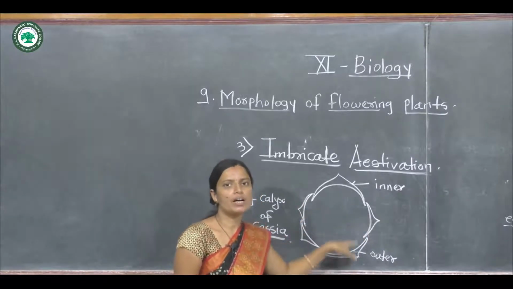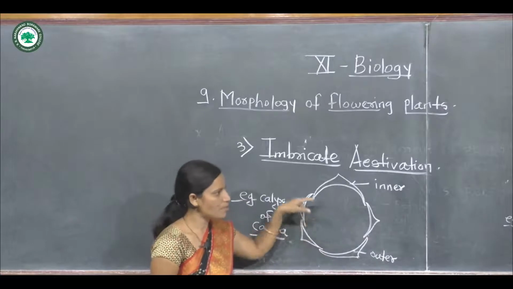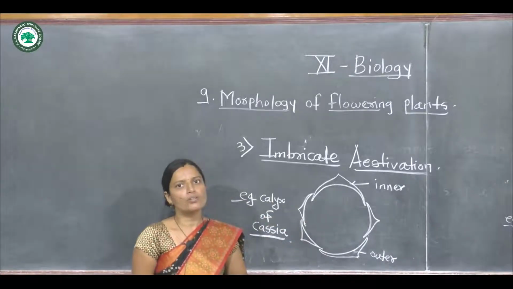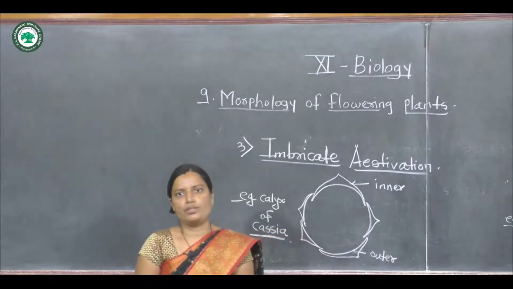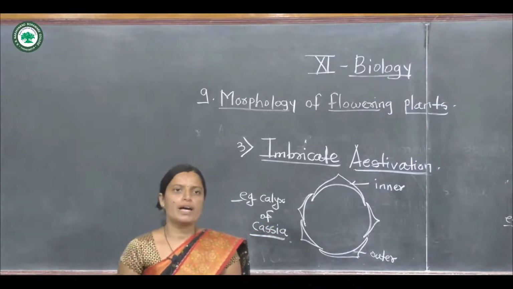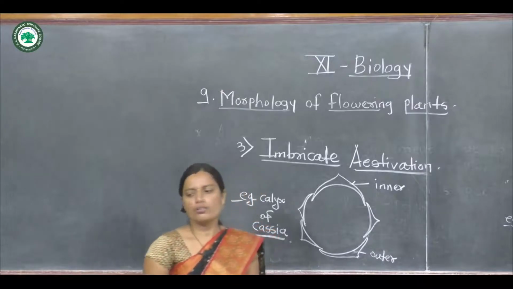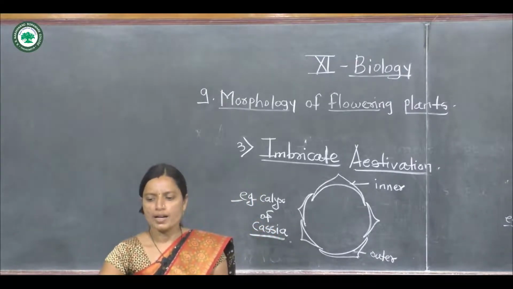These remaining three petals or sepals overlap with each other, and this arrangement is called the imbricate aestivation.